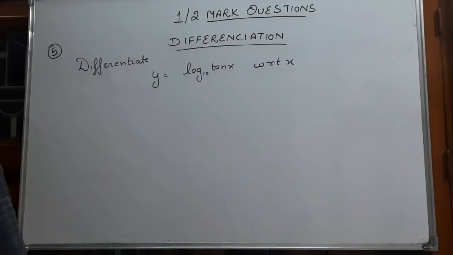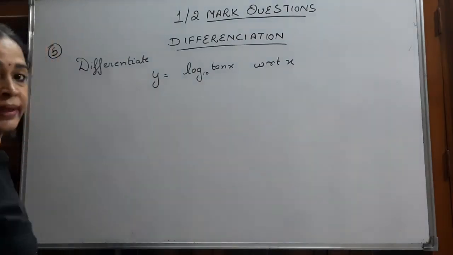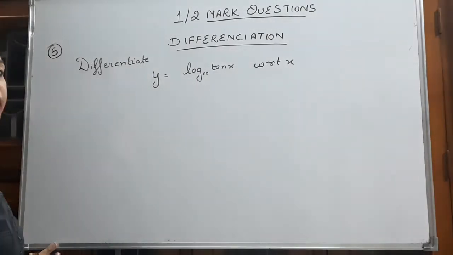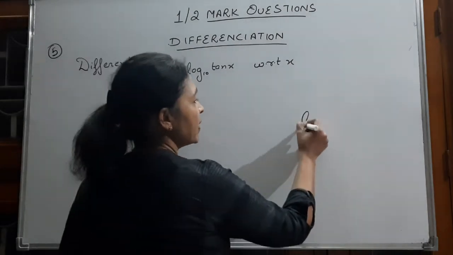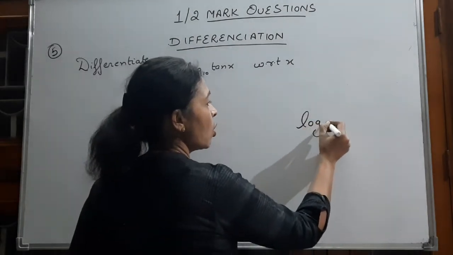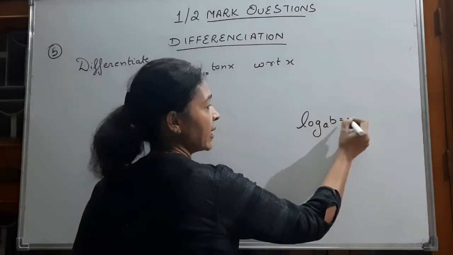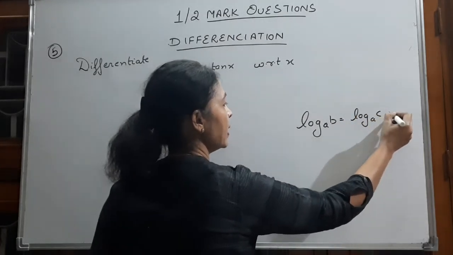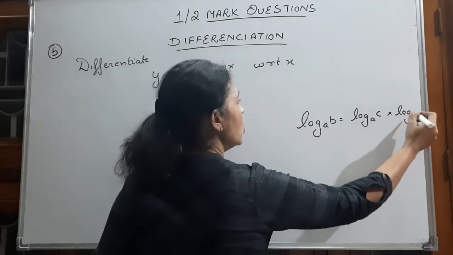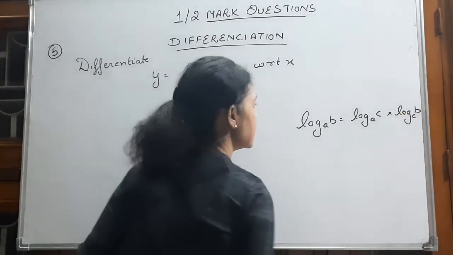Differentiate y equals log 10x to the base 10. Again, we have base 10 instead of e. We have done this in the first question. Log b to the base a can be written as log c to the base a into log b to the base c.